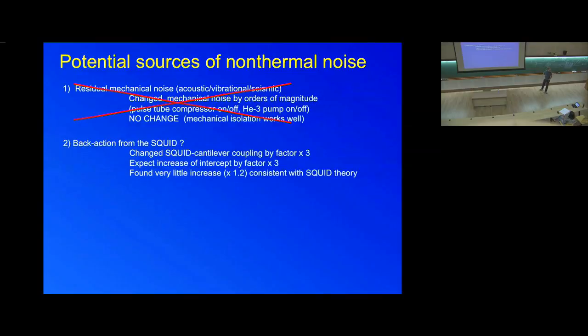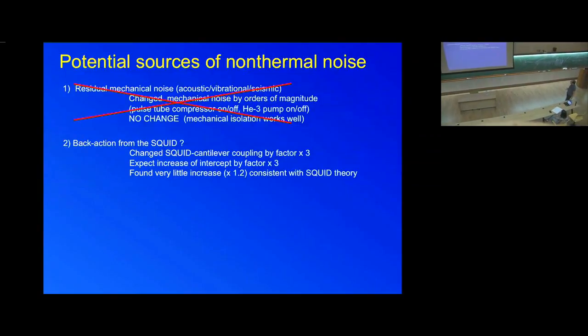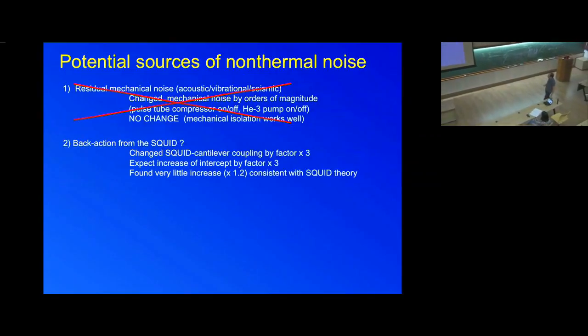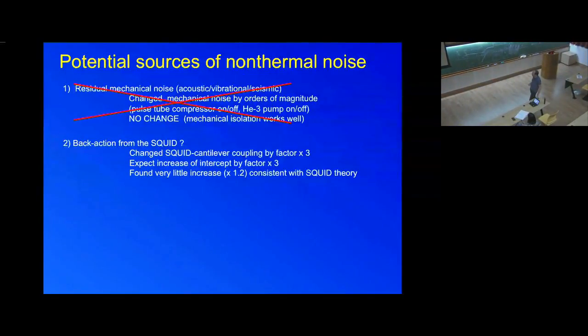If you have a microwave field there, you have some kind of dissipation. If it was an insulator, you could have a two-level system that dissipates at microwave frequency. But in this case it is just a conductor, so you have eddy currents.